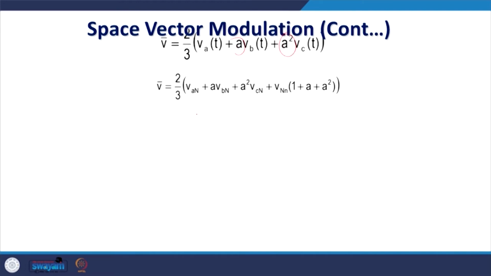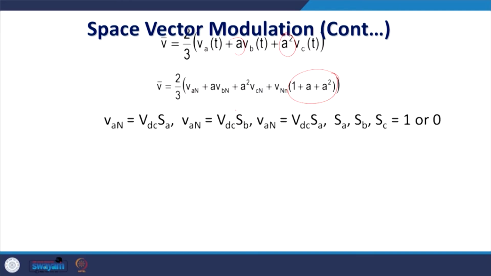So, VAN plus VBN plus VCN with the corresponding multiplication of a and a square, plus VNN times 1 plus a plus a square. Ultimately this summation gives you 0, so you are just left with the first part. Thus, VAN will be generated solely from VSA into VDC.